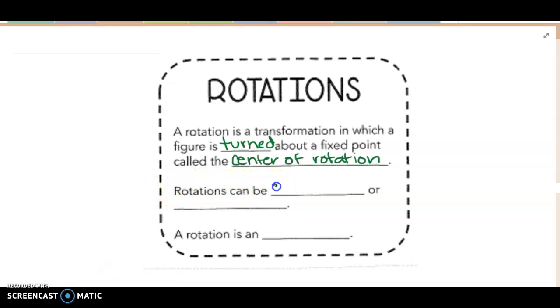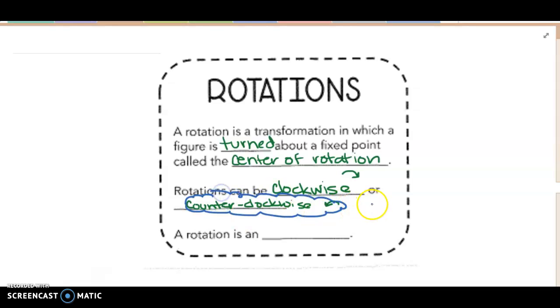Note that rotations can be clockwise, and clockwise would be this way, or counterclockwise, which is this way. But also note, and I'm going to put like a little bubble thing around here, that this is our standard.